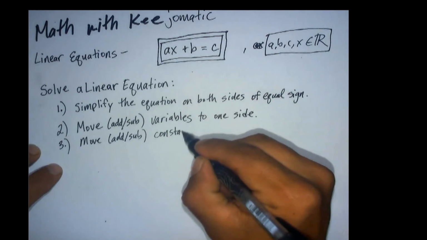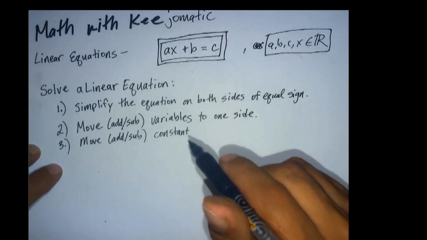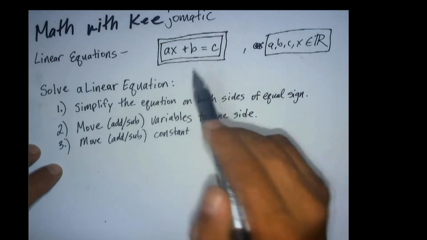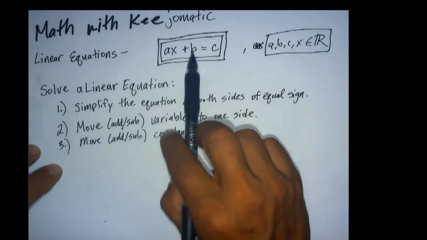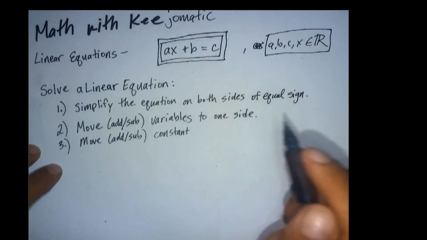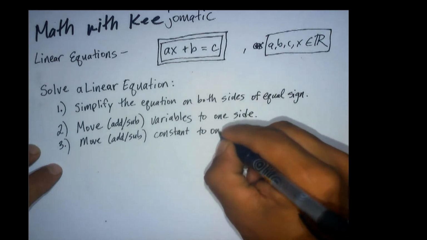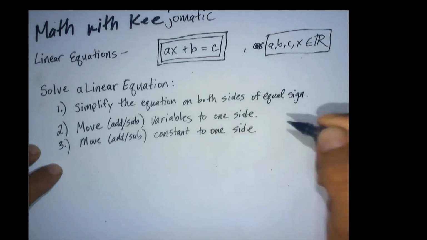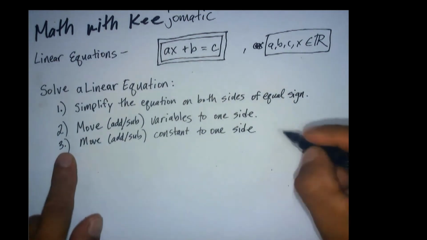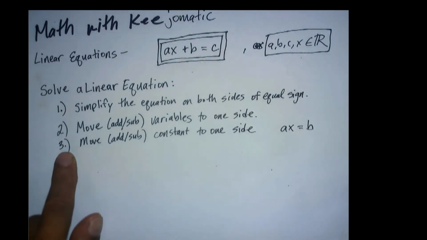What's a constant? B's always going to be B unless we add it to C. Right? So B is the constant, to one side. So in other words, when we're done with step 3, it should look like this: ax equals b. Right?